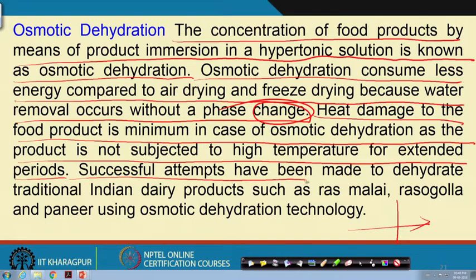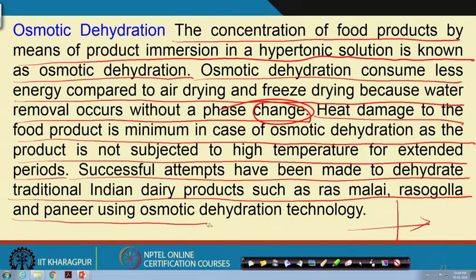Successful attempts have been made to dehydrate traditional Indian dairy products such as malai, rasgulla, paneer using osmotic dehydration technologies, right. So, the osmotic process is a very, very helpful and useful process for removal of water or concentrating the food products, right.